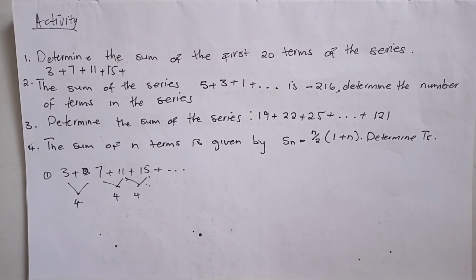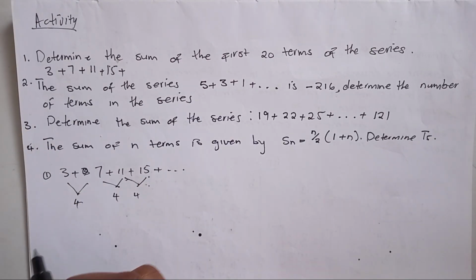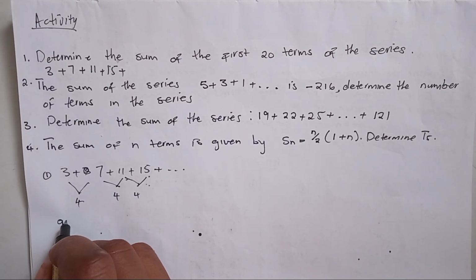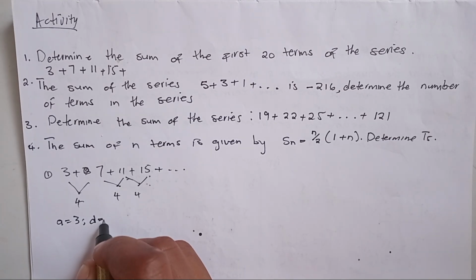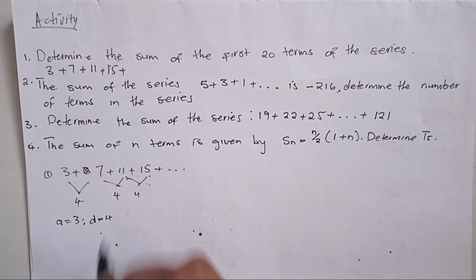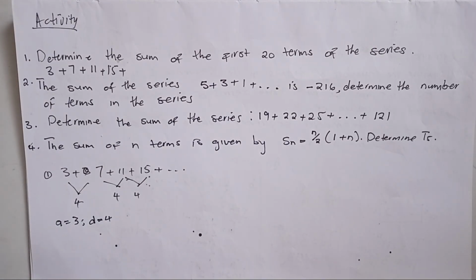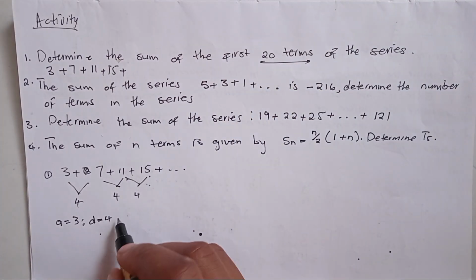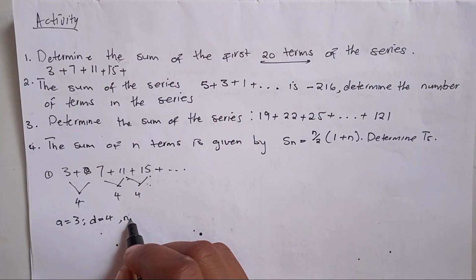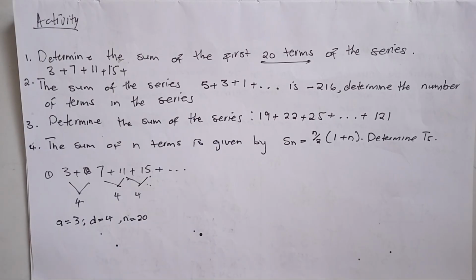It means that this one is our arithmetic or linear. We already know that the first term is 3. We already know that the difference is 4. What else do we know? We know that we are looking for the sum of the first 20. We also know that the n is equivalent to 20.